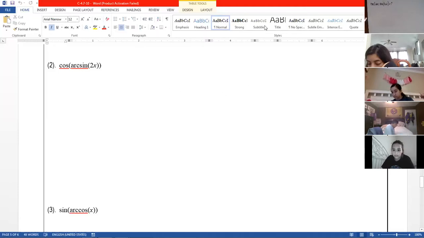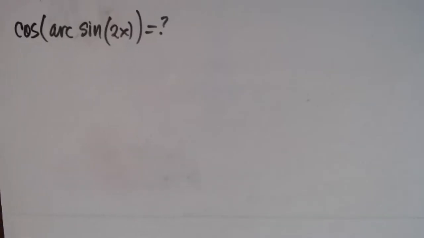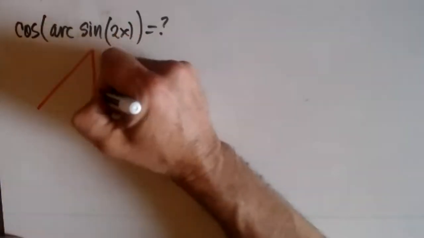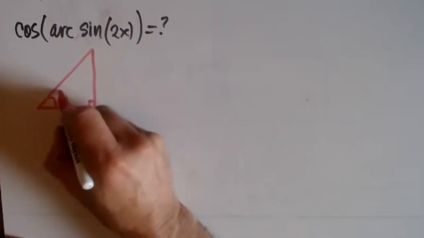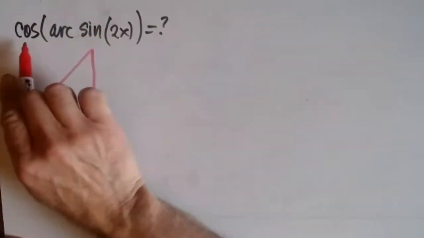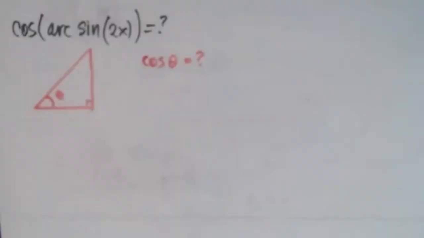Okay. Here is the problem. We are going to find the cosine of the arcsine of 2x. Well, right triangle, angle, and then this is the cosine, so we have to match cosine theta. This is what I have to find in my triangle.